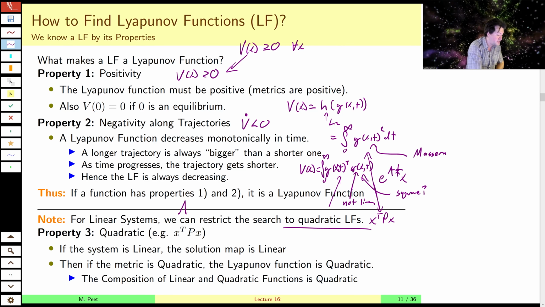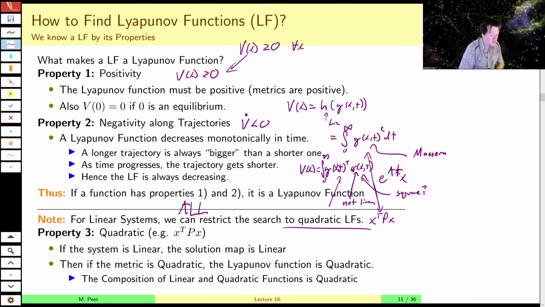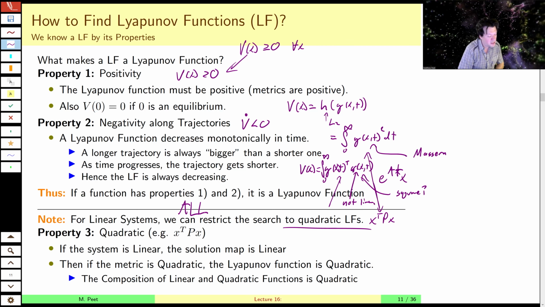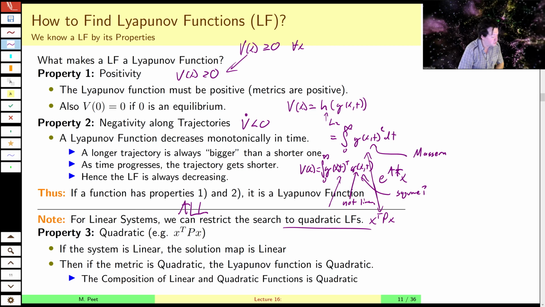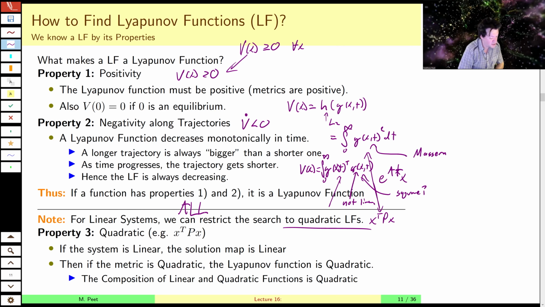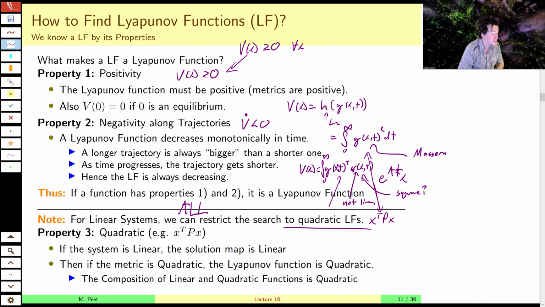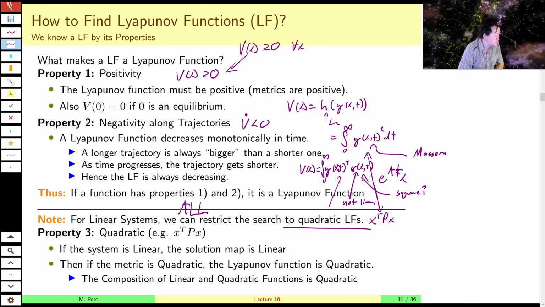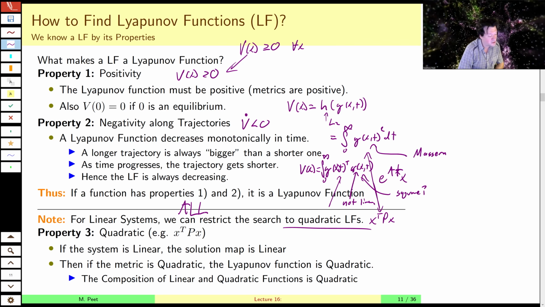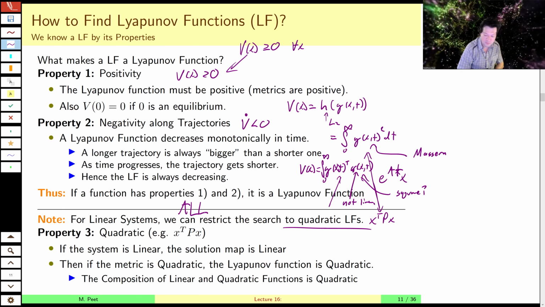The important part is that all Lyapunov functions can be represented using a quadratic form in the linear case. Necessary and sufficient conditions. There are exceptions to that, of course, like there are exceptions to everything, but mostly for the systems that we've considered, they're necessary and sufficient.